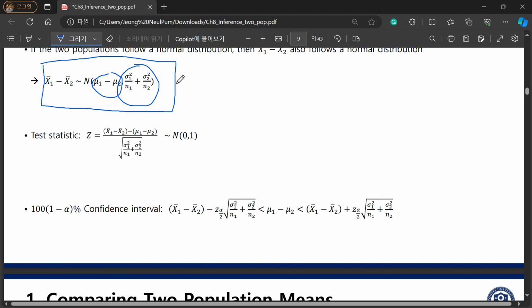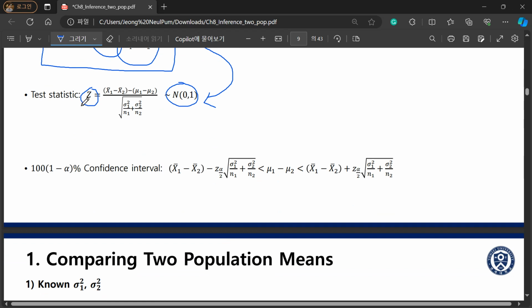If we standardize this value, this test statistic follows the standard normal distribution, which means that we can construct the 100 multiplied by 1 minus alpha percent confidence interval by using this formula.